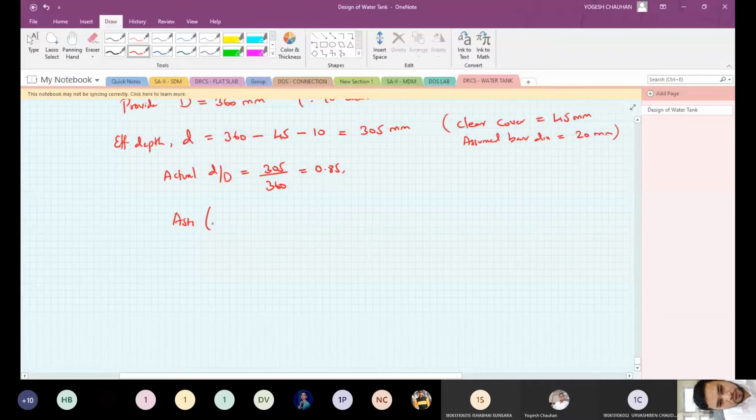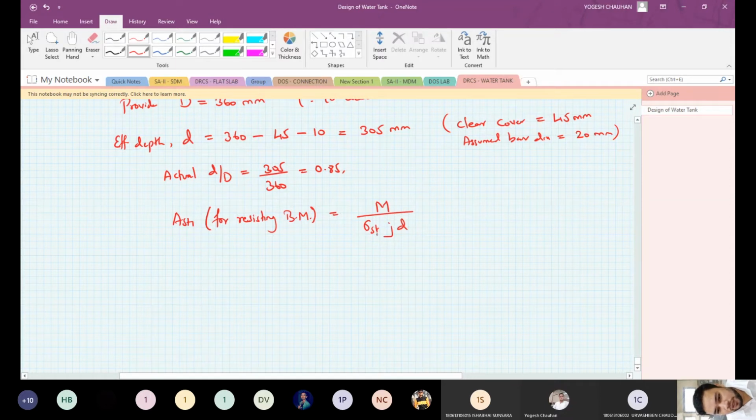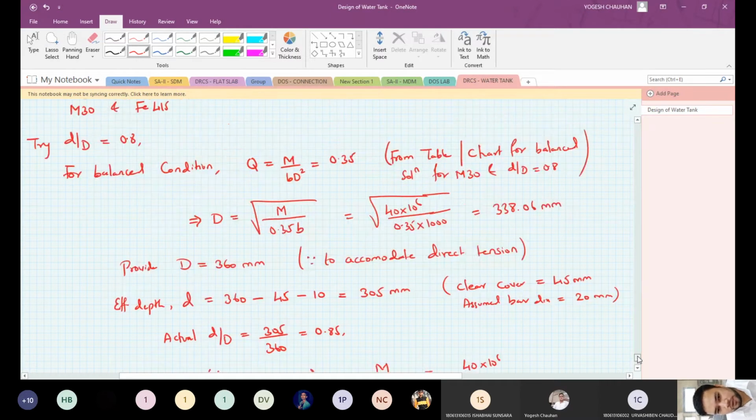So for resisting bending moment, the formula is M by sigma st j into d. If you remember, for resisting the moment M, the amount of steel required is given by M by sigma st j into d, where M is 40 into 10 to the power 6, our bending moment.